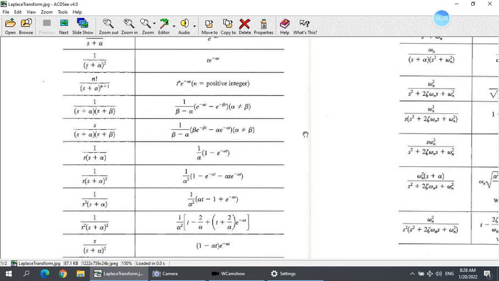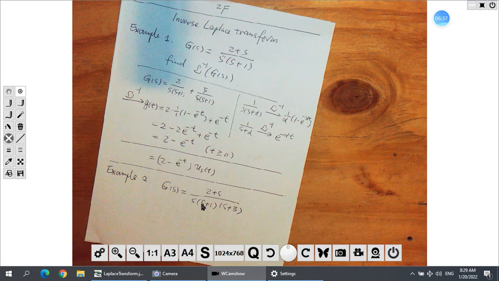So in this case, we need to simplify so that this fraction has just 1 or 2 factors in the denominator. Actually, we can have just 1 factor in each denominator. We write this as a summation of some terms, similar to this.